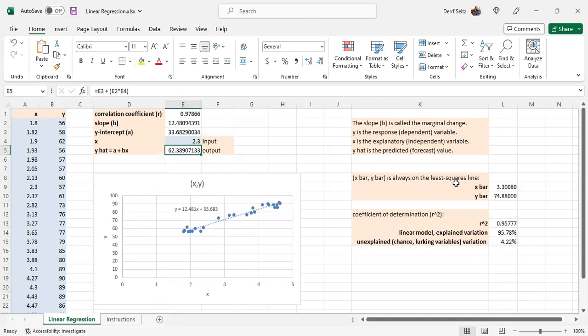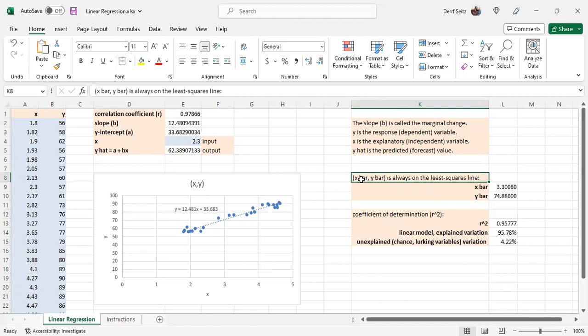Over here on the right are some comments to remind us that X is called the explanatory variable or the independent variable, and Y is the response or dependent variable. The slope B is also referred to as the marginal change because it's the change in Y per unit change in X. X bar and Y bar are the means of the X's and the means of the Y's.